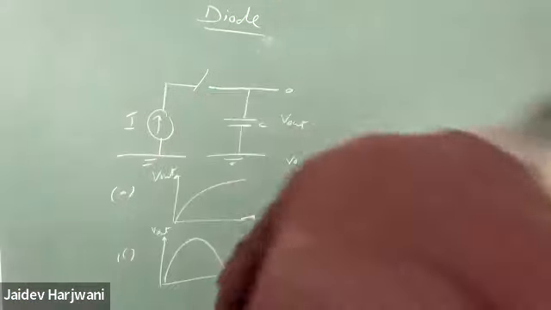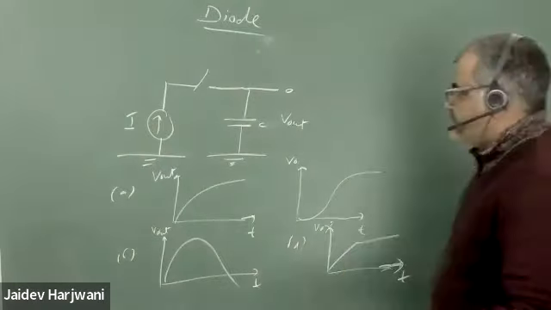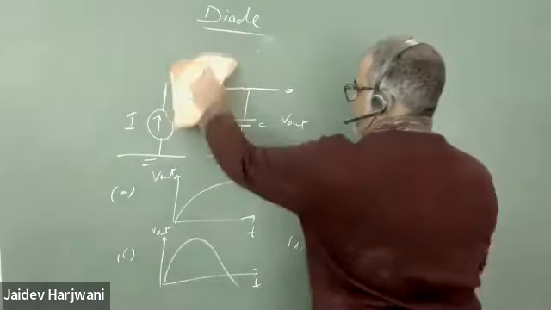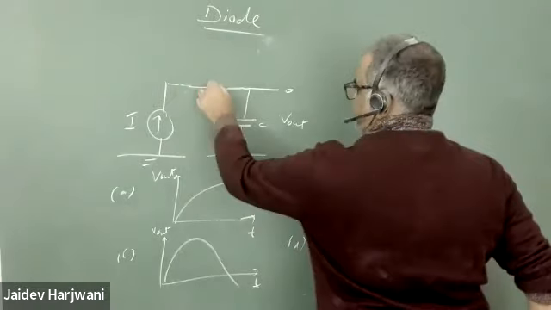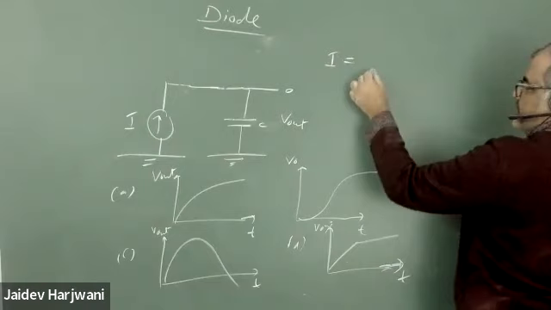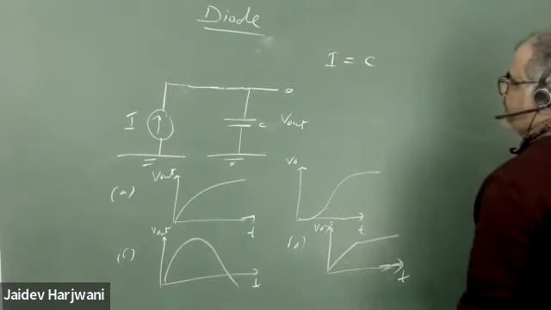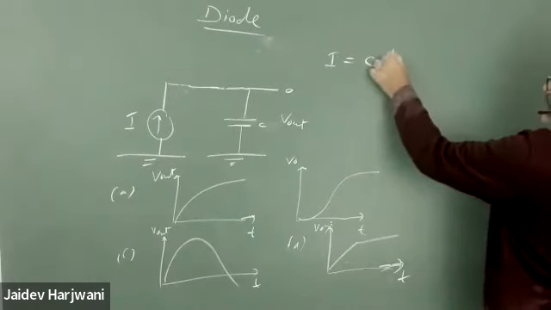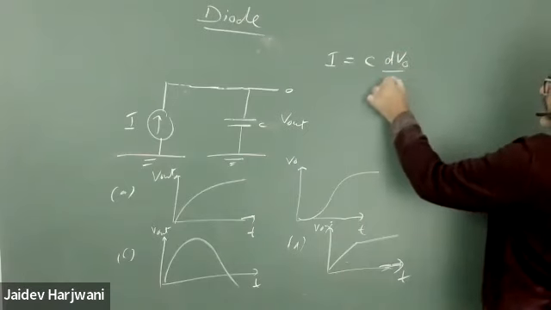Now you're allowing current I, so obviously the current will be C dV by dt.